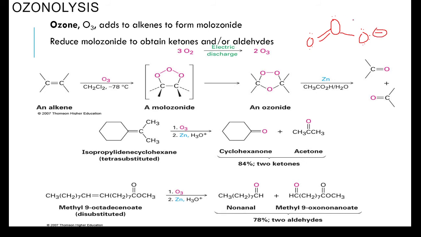It creates these intermediates. I'm not worried about the mechanism. Why does that O flip in between there? There are some ideas. But here's the importance.